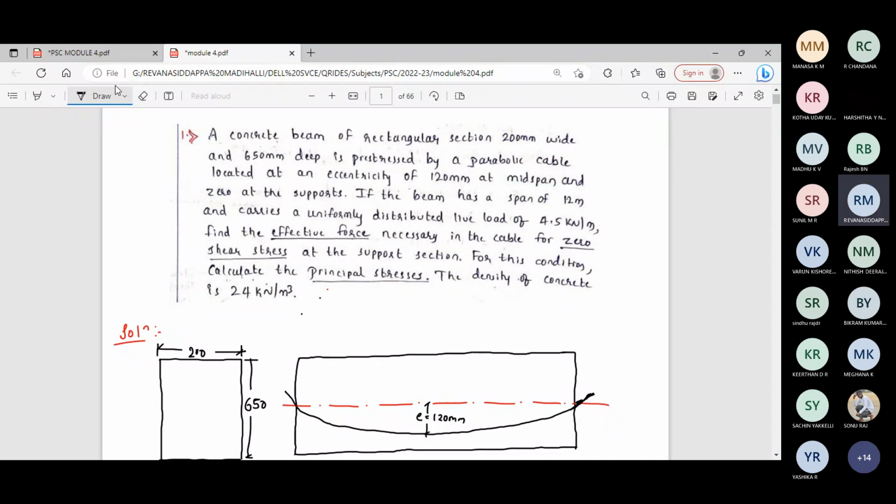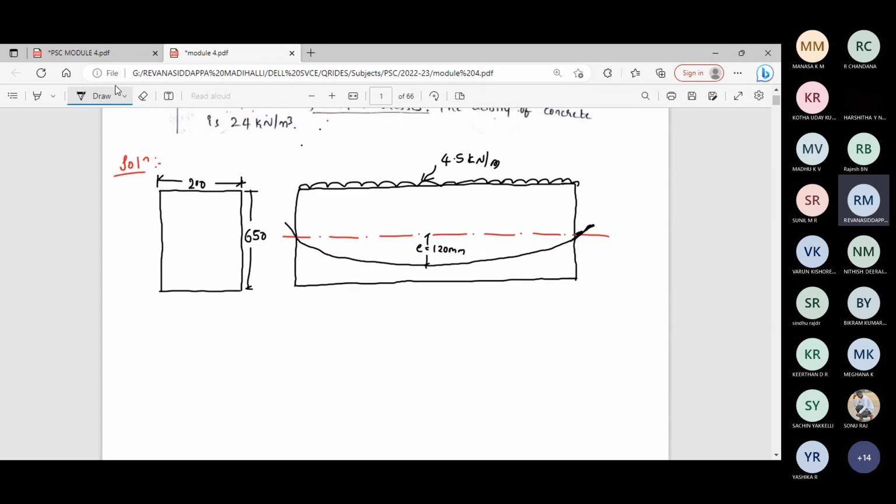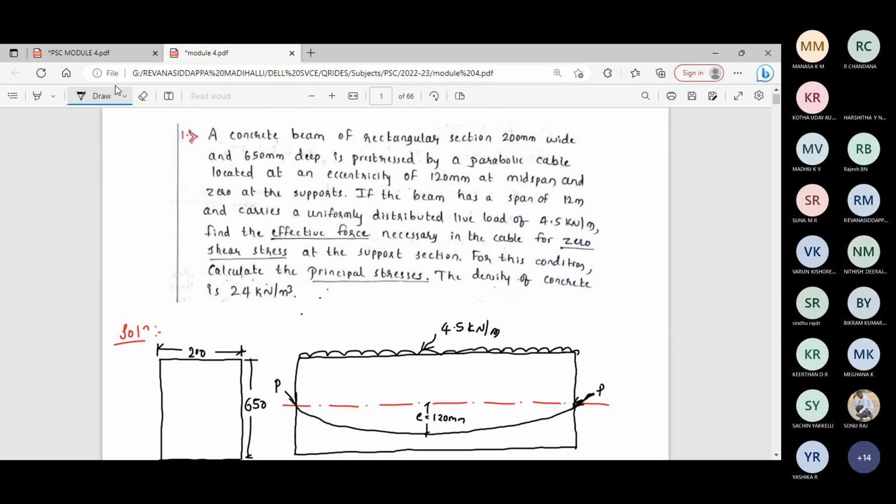The beam carries a uniformly distributed live load of 4.5 kilonewton per meter. The live load on the beam is given. How much is it? 4.5 kilonewton per meter. Now coming to the question, find the effective force P necessary in the cable for zero shear stress at the support section.